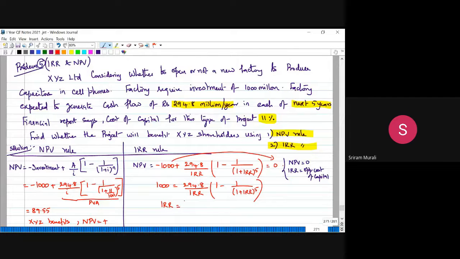If I simplify, I get 14.50. What it says is your IRR is greater than 11%, because the project will benefit when the cost of capital is less than 11%. In both the cases, the project is accepted.